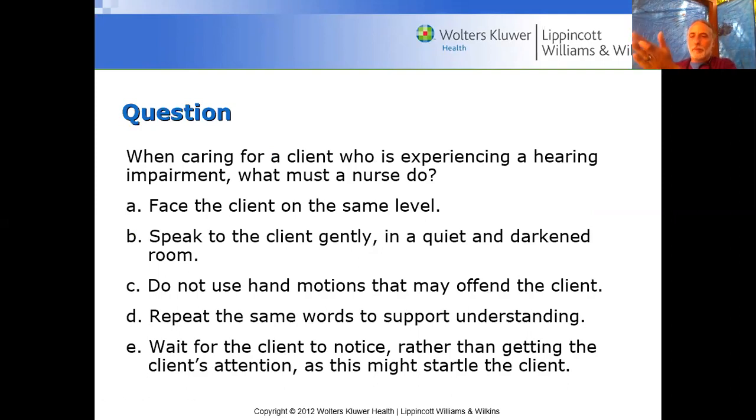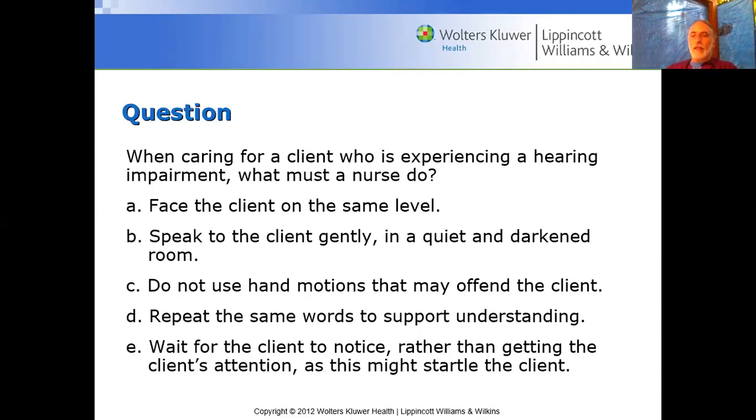Okay, so here's a question. When we are caring for a patient who is experiencing a hearing impairment, it may be an acute hearing impairment, do we face the client on the same level? Do we speak really gently in a quiet and darkened room?